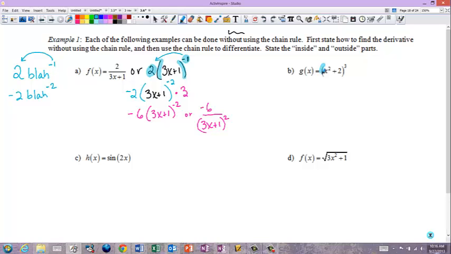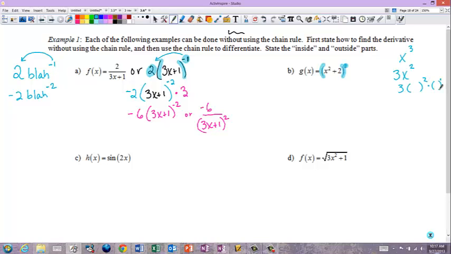Here, my outside function is something cubed. So what if I had x cubed over here? What would be the derivative of that? Well, it would be 3x squared. That's what I'm going to do, but it's just 3 times whatever squared, times the derivative of whatever.